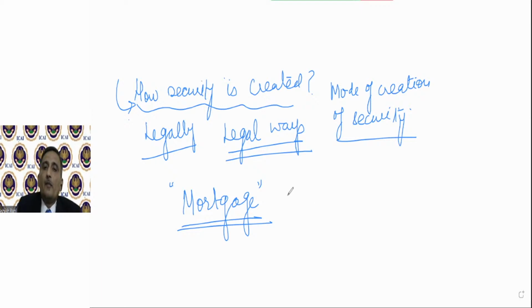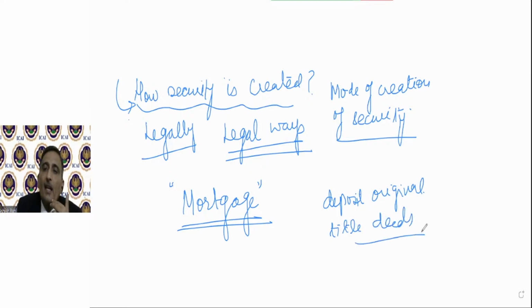Mortgage you can understand, say in the previous example, when the residential house of the director of the company is taken as a security, the director mortgages his house with the bank. So how does he do it? He deposits title deeds. He deposits the original title deeds of the house.